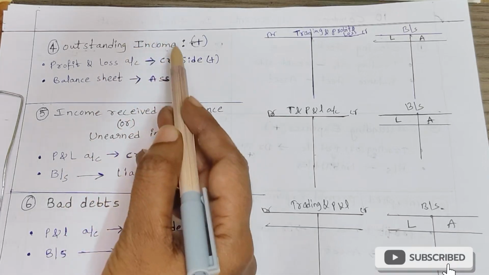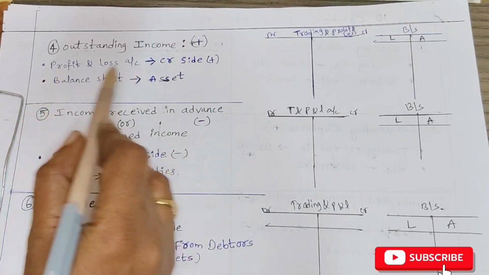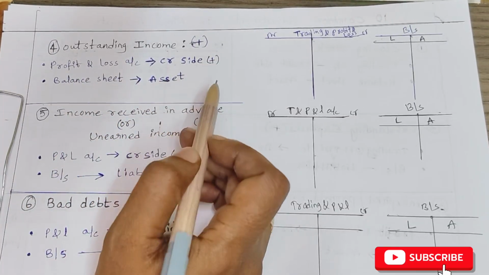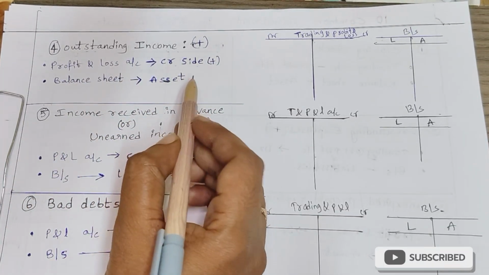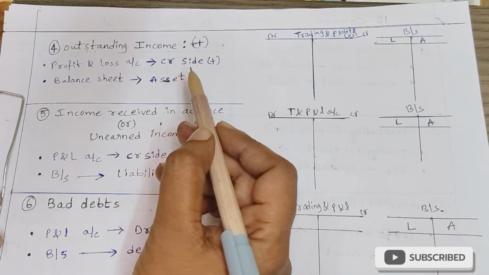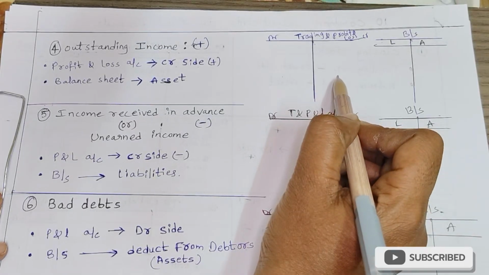If you have outstanding income in the adjustments, what should we do? First, we need to write it on the credit side of the profit and loss account. That should be added. Profit and loss account is a nominal account. All expenses and losses go on the debit side. All incomes and gains go on the credit side.